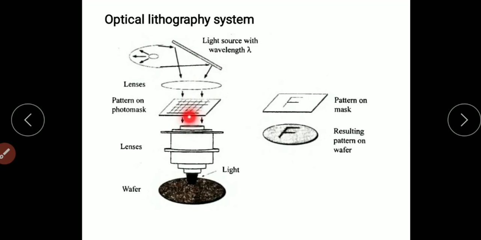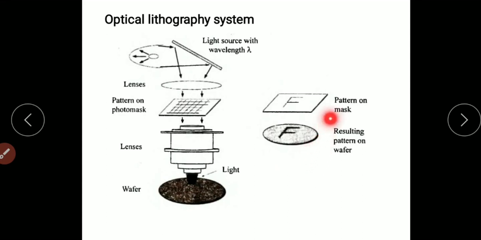According to your pattern, you darken some portions of the mask and open some portions. Then those UV rays are directly incident on the silicon wafer. Wherever light falls, that area becomes hardened and the remaining portion will be softened.